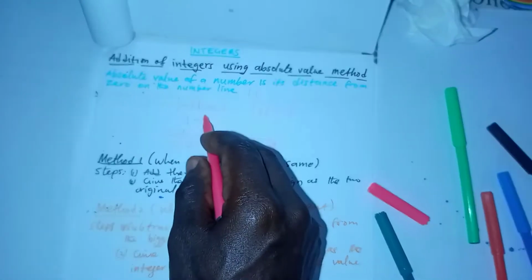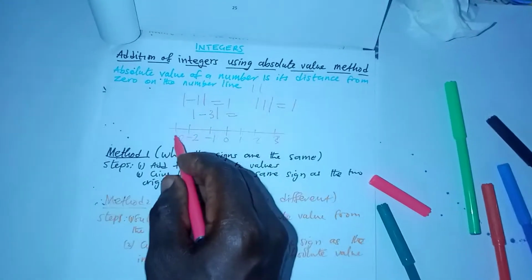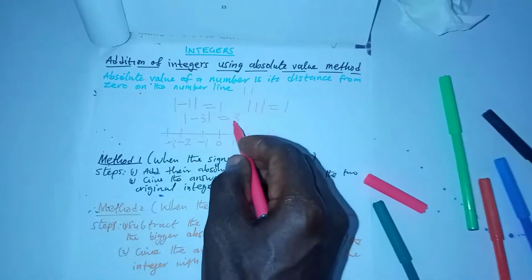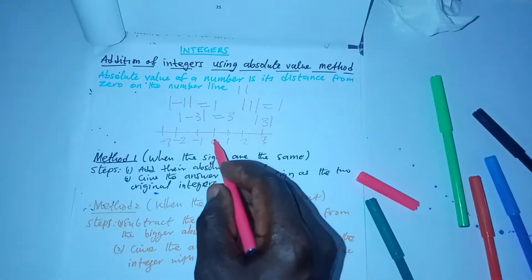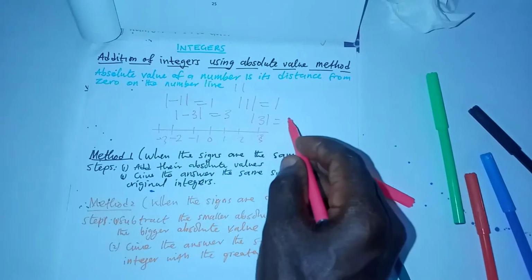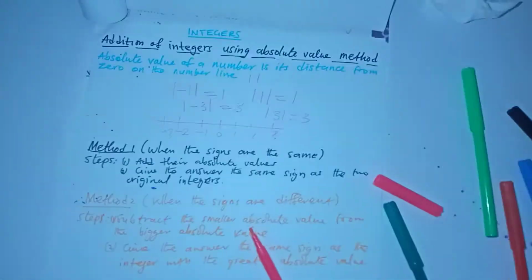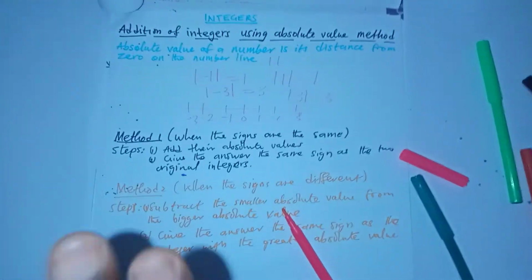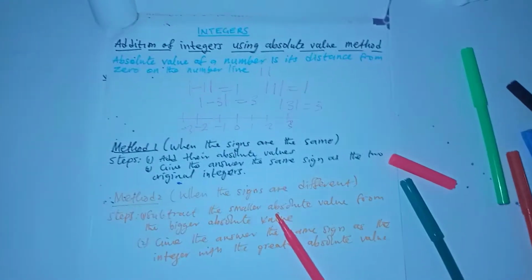The absolute value of -3 is the distance from 0 to -3, and that is going to be 1, 2, 3. The absolute value of +3, that is the distance from 0 to 3, will also be what? 3. So when we're talking of absolute value here, we are regarding positive numbers, because we don't add direction to the distance. It is only the distance that we take into consideration.